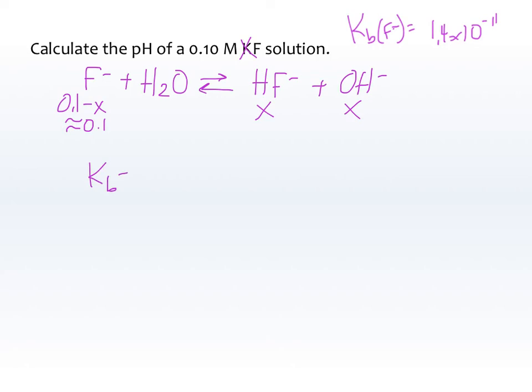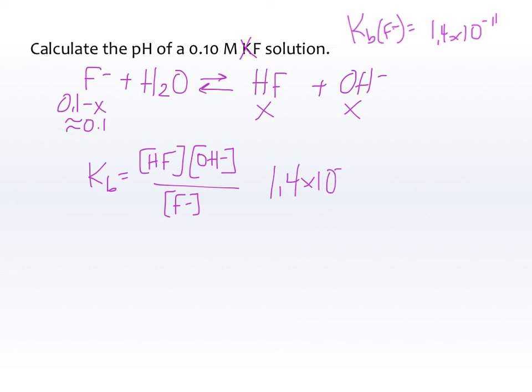So Kb is equal to HF, oh, sorry, it's not minus, it's just HF, times OH minus, divided by F minus. So that's 1.4 times 10 to the negative 11 is equal to X squared divided by 0.1. Cross multiply and take the square root.